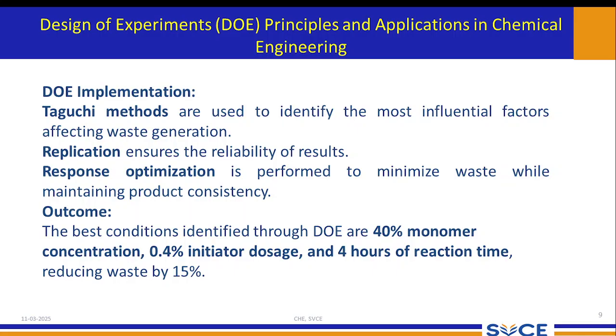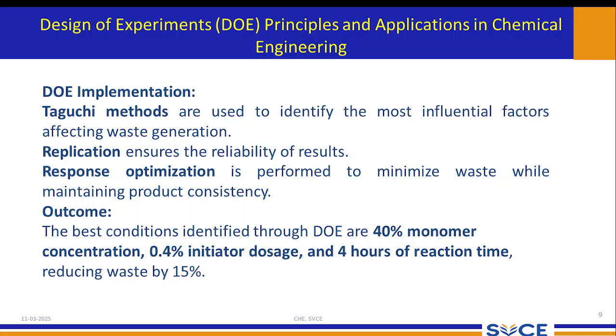We can find it by the Taguchi method. What is replication? Replication ensures the reliability of the results. Response optimization is performed to minimize the waste while maintaining product consistency. So the outcome from the design of experiments is 40% monomer concentration, 0.4% initiator dosage, and 4 hours of reaction time, reducing the waste by 15%.